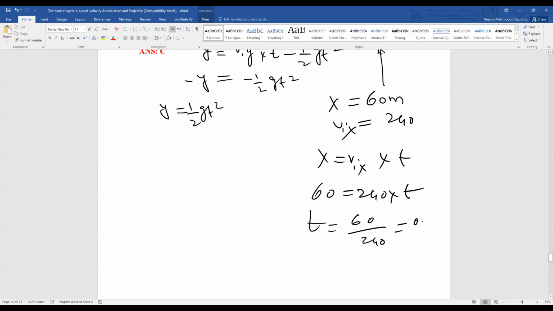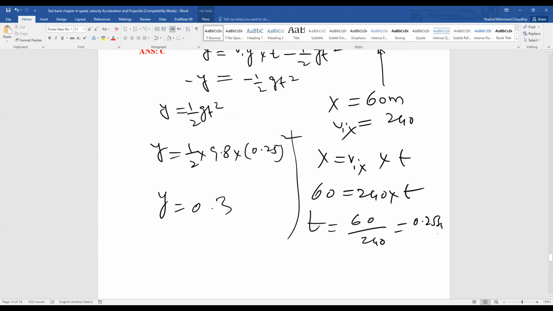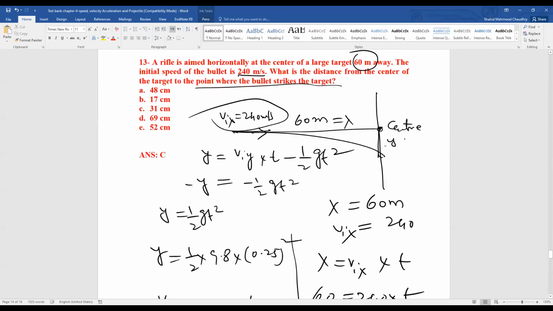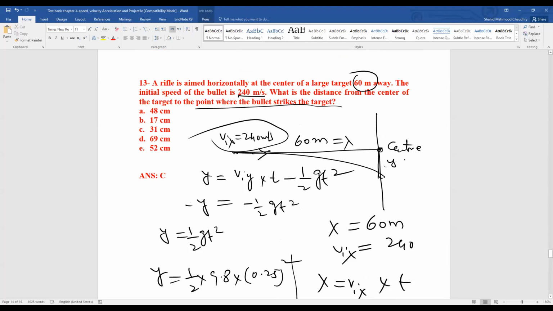So this is 0.25 second. Now you can put this value here, 9.8 into 0.25 square, and half of it. When you solve this, you will get 0.306 meter. So this is the answer. In this way, you can solve this problem.